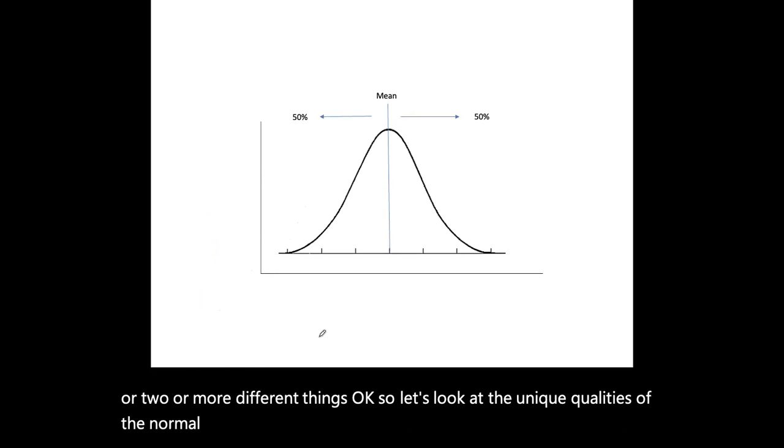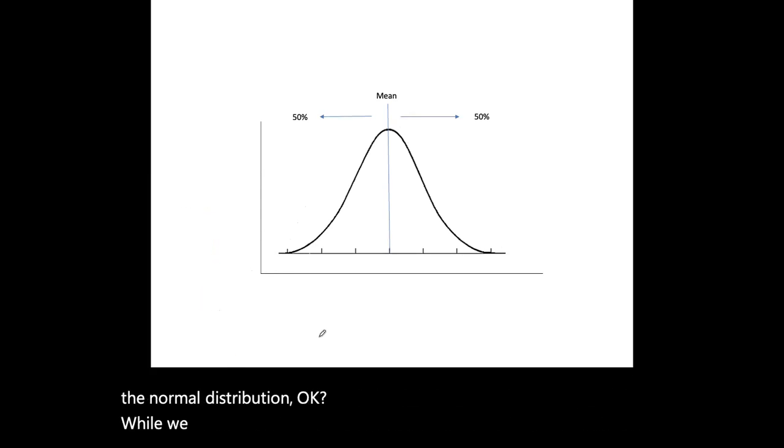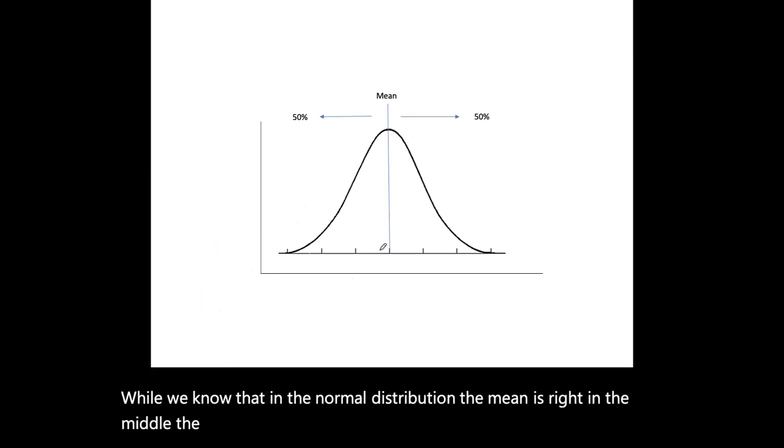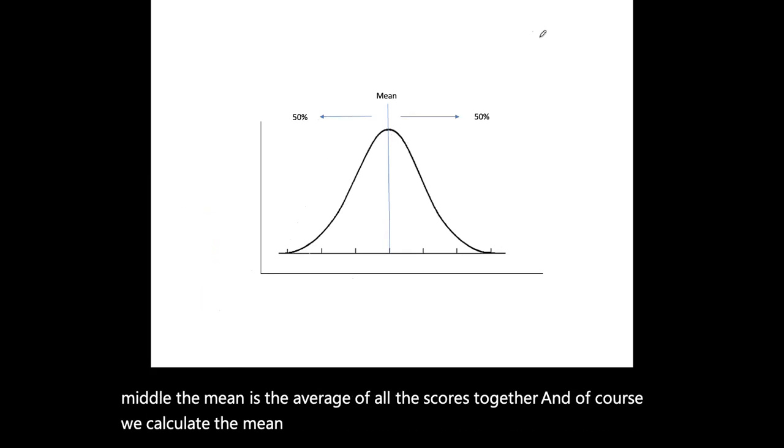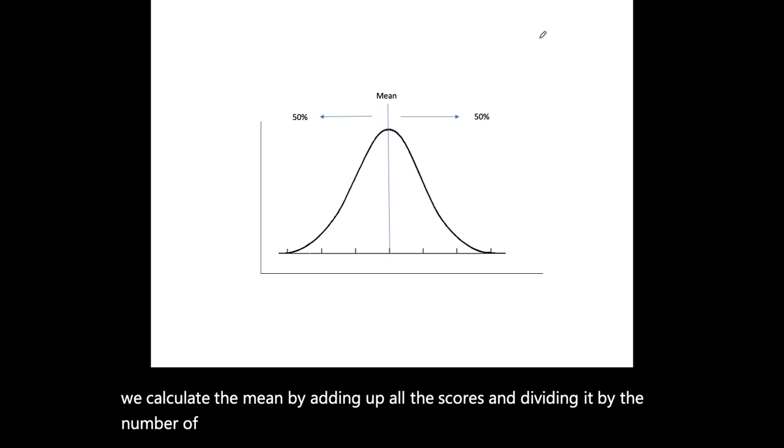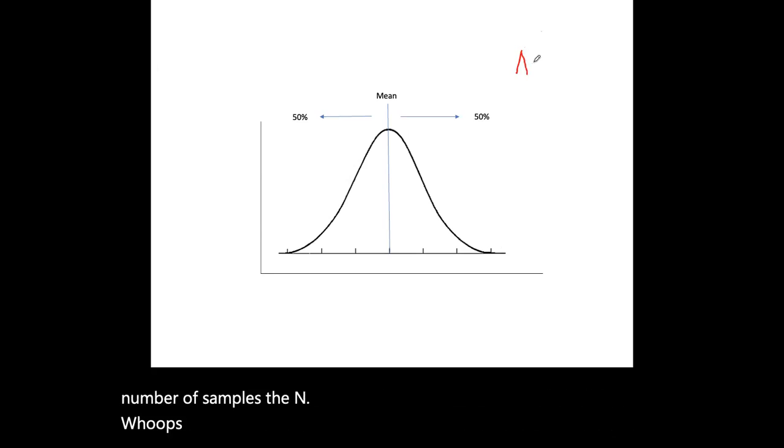Well, we know that in the normal distribution, the mean is right in the middle. The mean is the average of all the scores together, and of course we calculate the mean by adding up all the scores and dividing it by the number of samples, the n. N represents sample size.